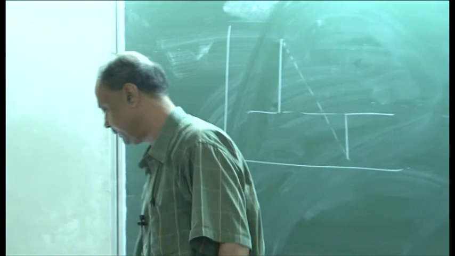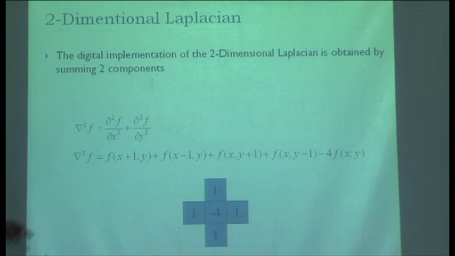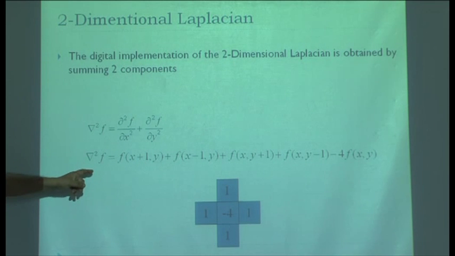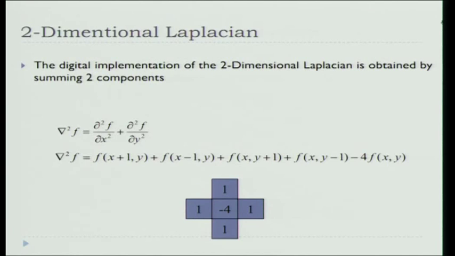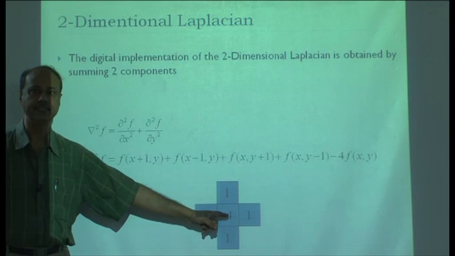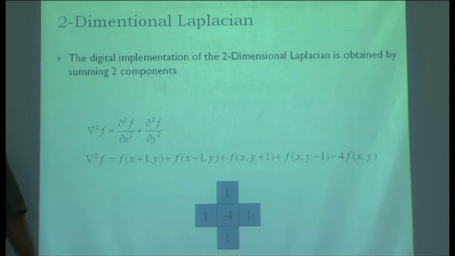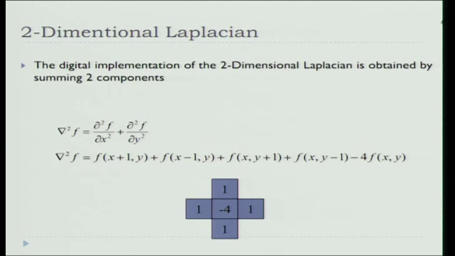If I combine del square f by del x square plus del square f by del y square, you will be getting f of x plus 1, y plus f of x minus 1, y plus f of x, y plus 1 plus f of x, y minus 1 minus 4 times f of x, y, and this I can write as my kernel: 0 1 0, 1 minus 4 1, 0 1 0. Am I right? Yes. So, this is the kernel.